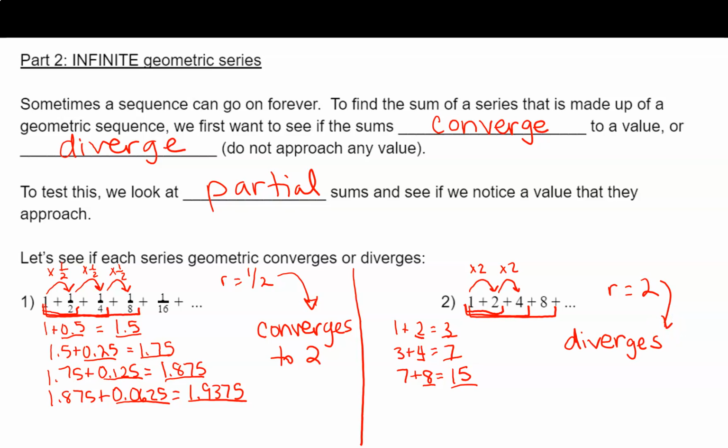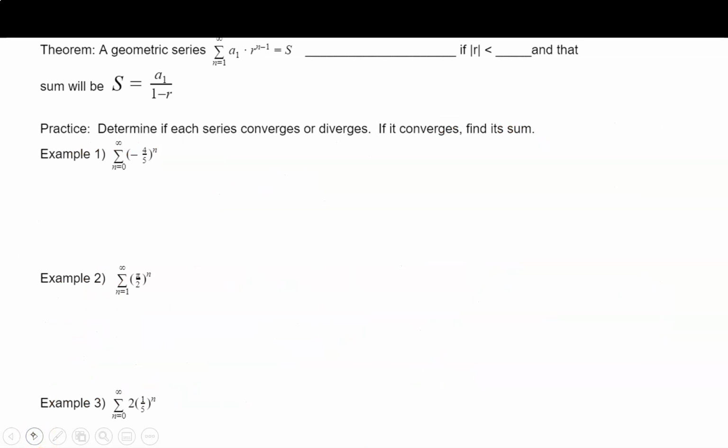Okay, so we're going to use these ideas to help us come up with a theorem. Our theorem says if we have this geometric series and it equals some s value, so if I'm saying that this series comes to a single value called s, we're saying this series does converge if the absolute value of r is less than 1.